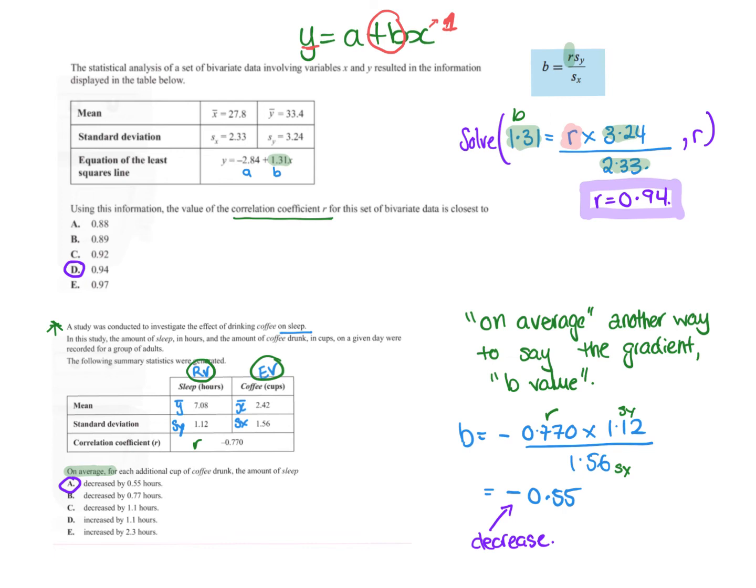Because it's negative, that means the Y will decrease. Every time we put 1 more on X, it'll decrease by 0.55. So a negative means decrease, and that's how I found that answer.